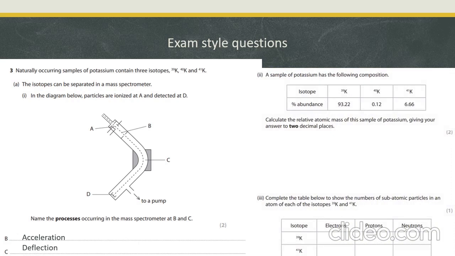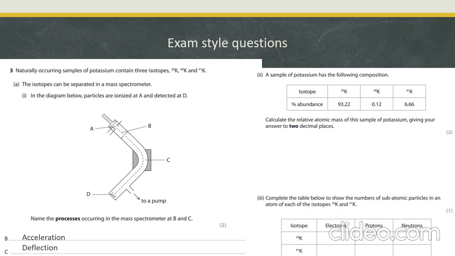A sample of potassium has the following composition. Calculate the relative atomic mass of this sample of potassium, giving your answer to two decimal places. So the Ar equals the mass of an isotope multiplied by its abundance, plus the mass of another isotope multiplied by its abundance, plus the mass of the other isotope times its abundance.